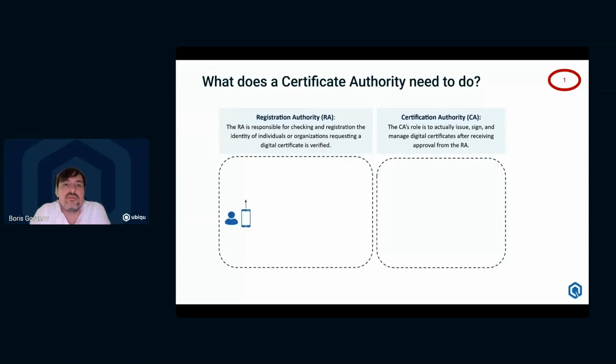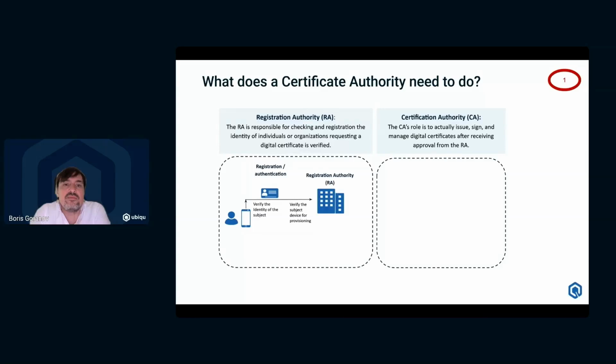Now, what does a registration authority do? The first thing the registration authority does is verify the identity of the subject, either a person or organization. After verifying the identity of the subject and their role, the registration authority checks if the subject is storing their keys in a compliant and secure manner, so that you know that the private key associated with the certificate cannot be lost by that subject.